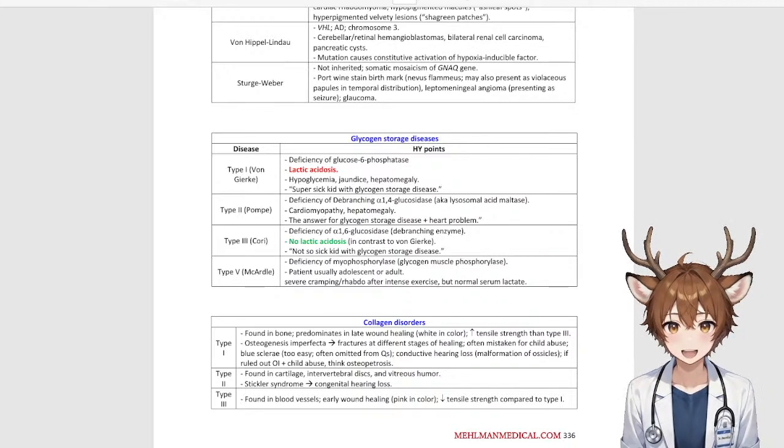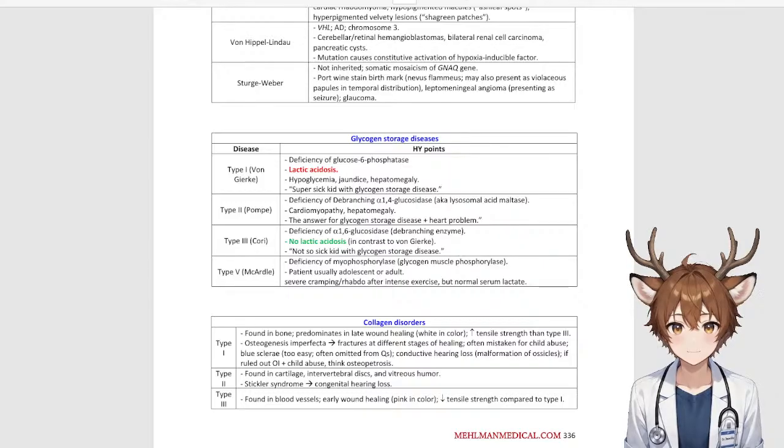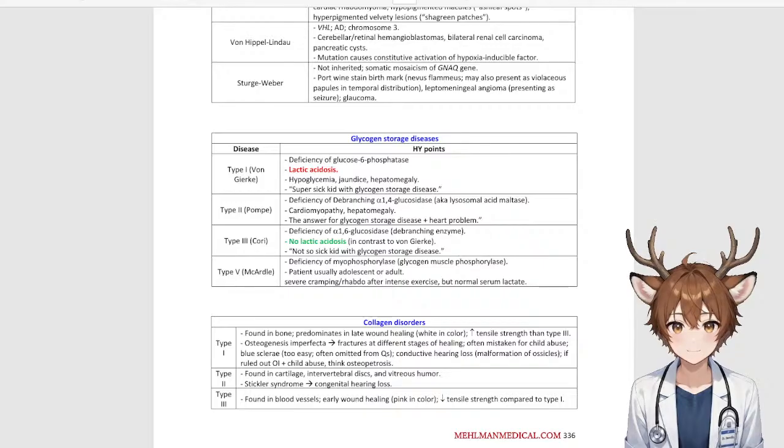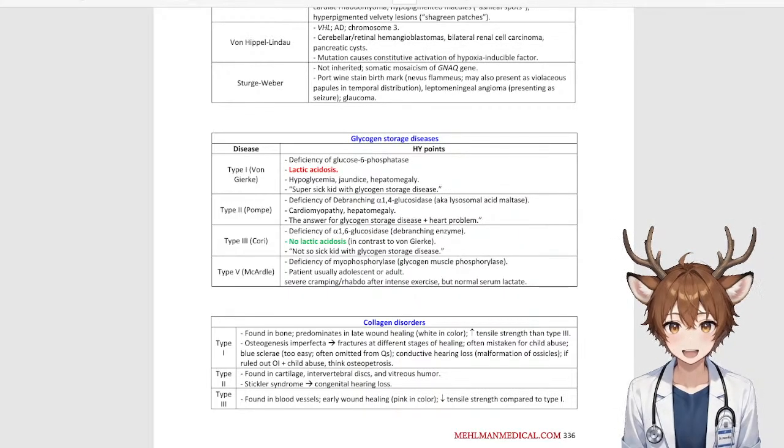Maybe rhabdomyolysis. Let me look it up. I don't think it's sensible to just say rhabdo and not specify what you're talking about.